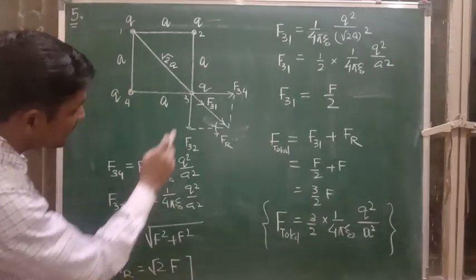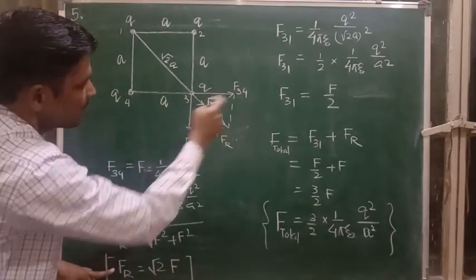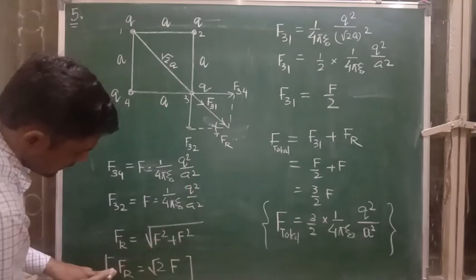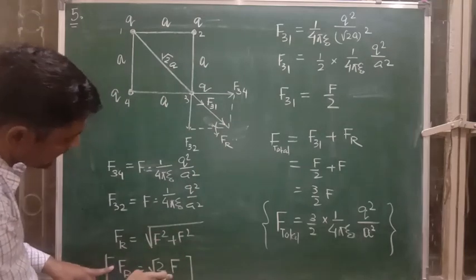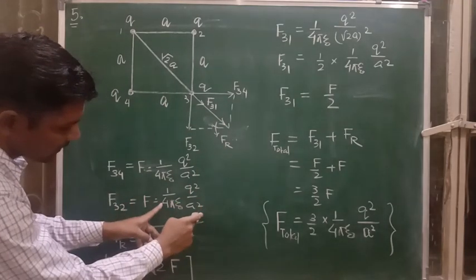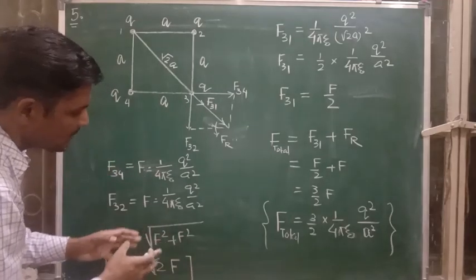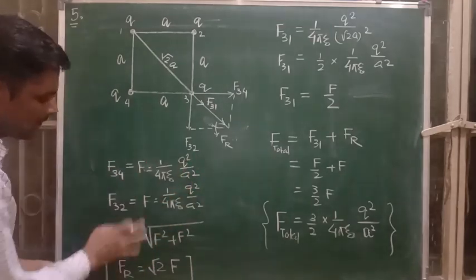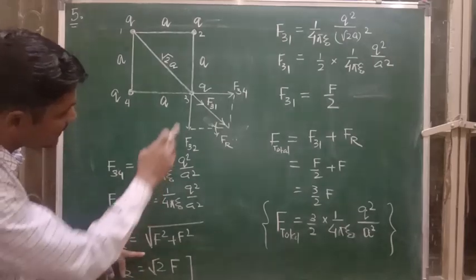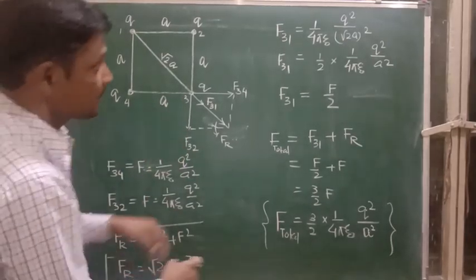So the total result of these two forces, F34 and F32, will be in this direction, that is Fr, and it will be root 2 F. To make it simpler I have taken this value as F. So the total resulting force at this point will be root 2 F.